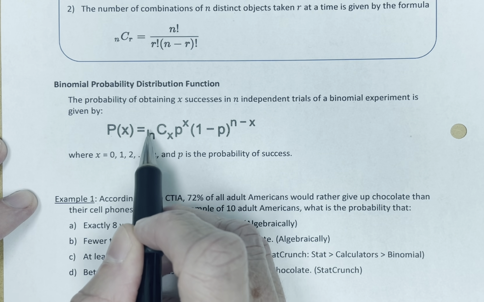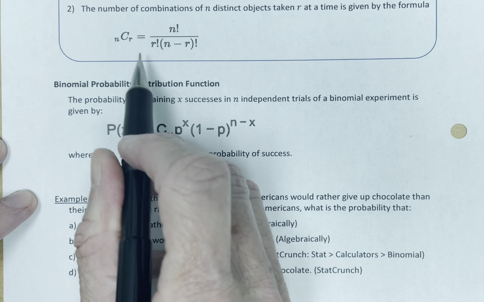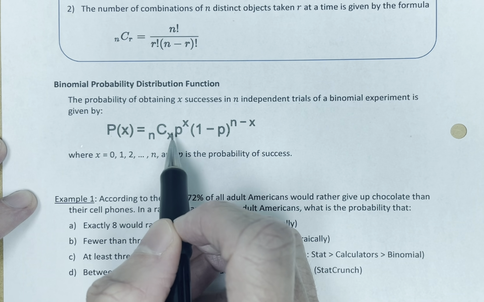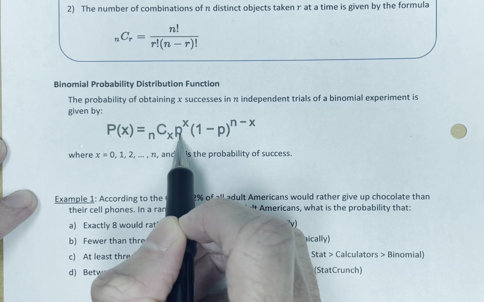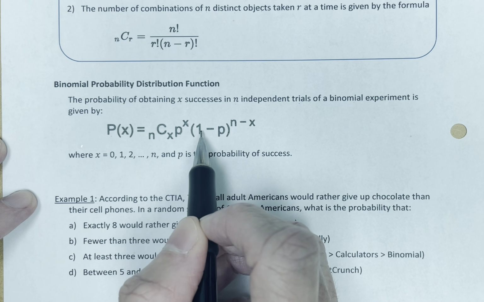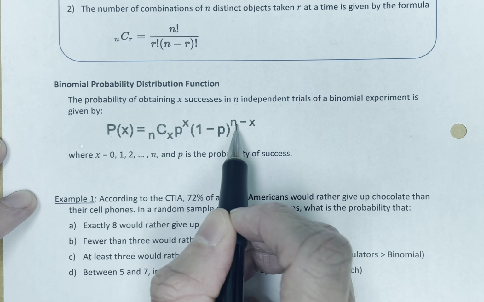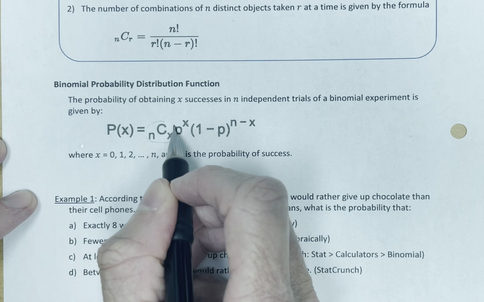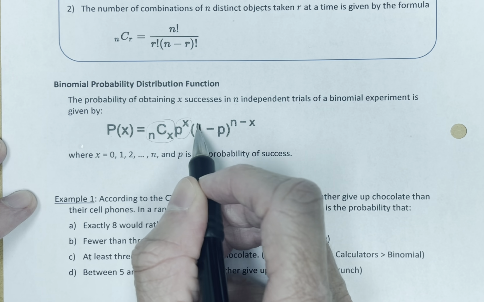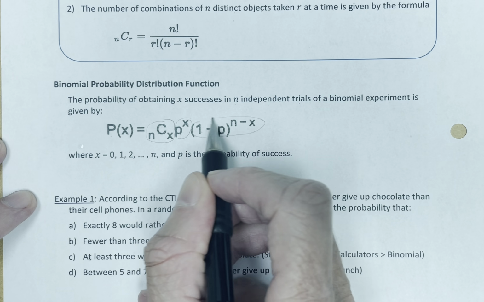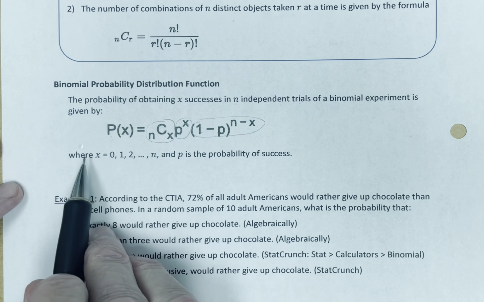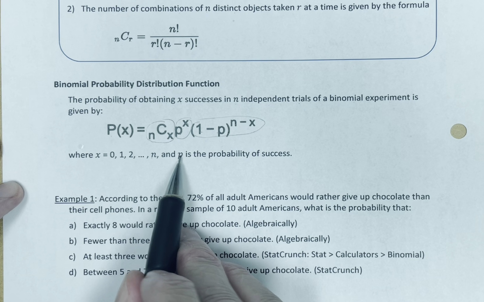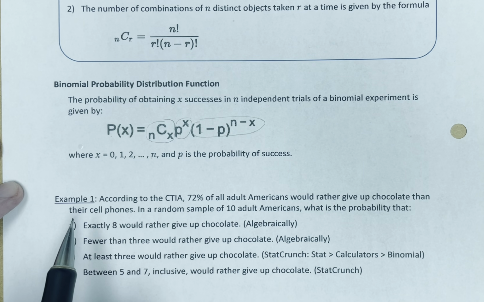We're going to use the combinations formula from right up here, times p to the x times 1 minus p raised to the n minus x. So we've got three pieces that we're multiplying together, where x is equal to 0, 1, 2, up to n, and p is the probability of success.